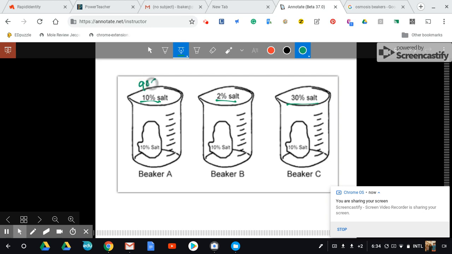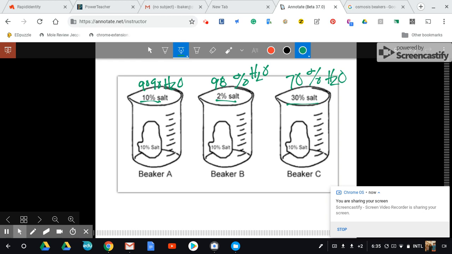So this would be 90% water. This would be 98% water. And this would be 70% water.